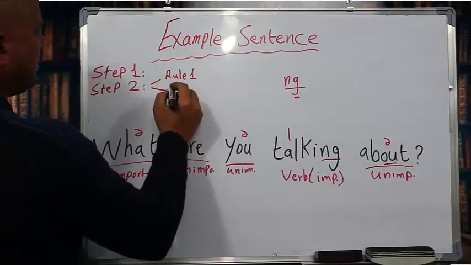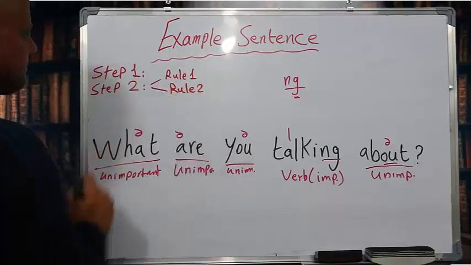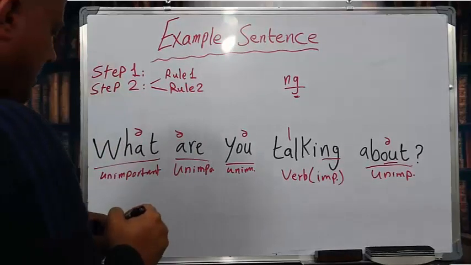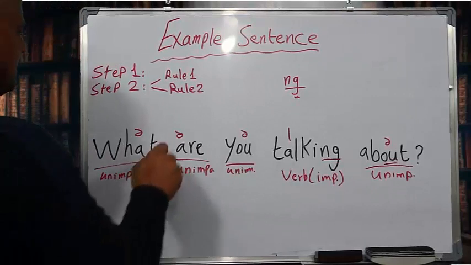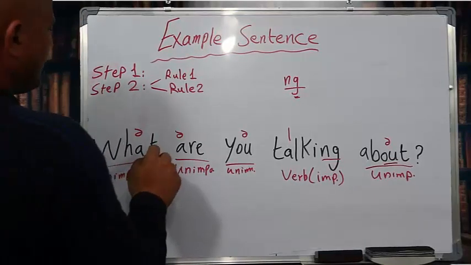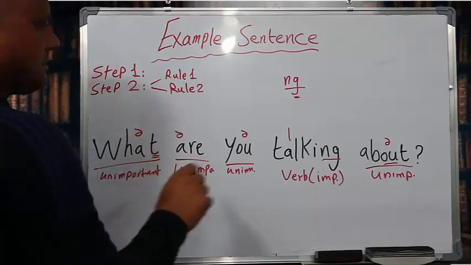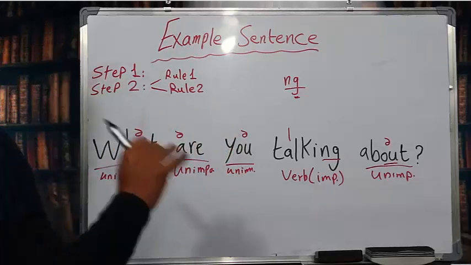The second rule is all about changing letters. So we have T here. Is it flap T or real T or stop T?